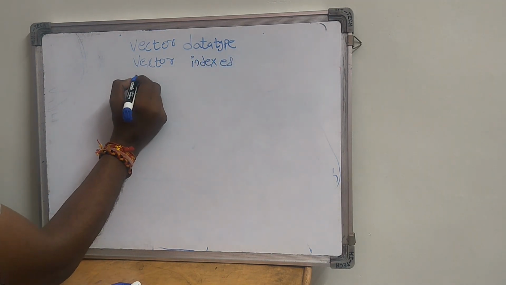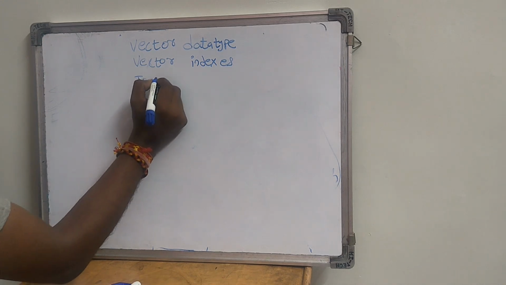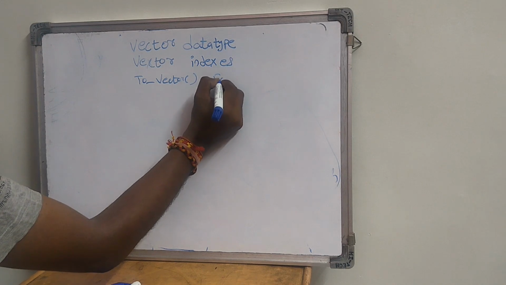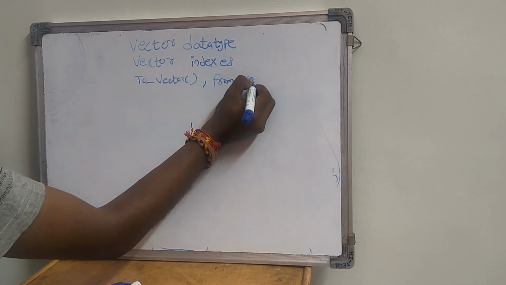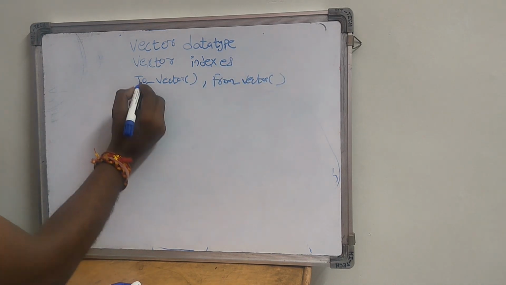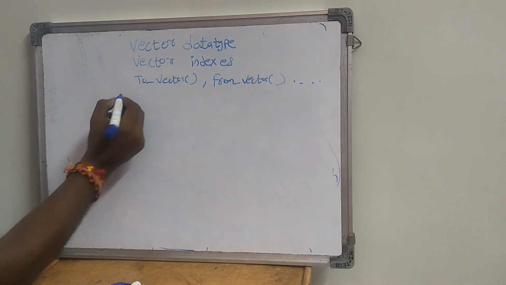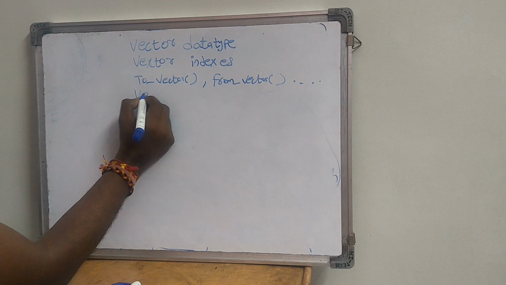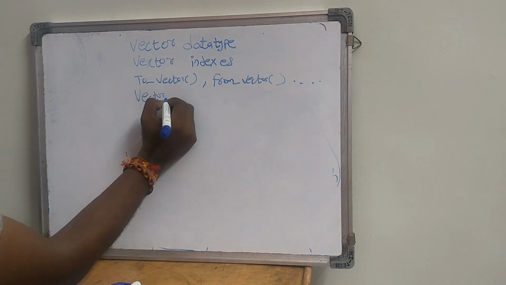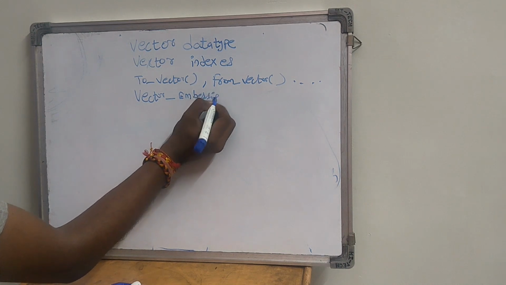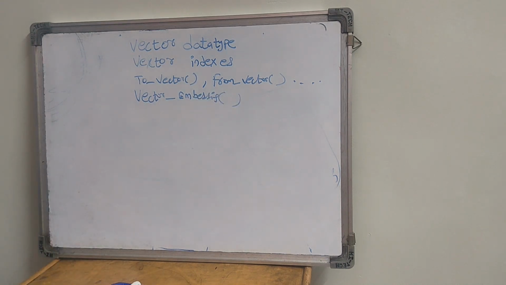It also introduced a few vector functions like to_vector, from_vector, and a lot of other functions, and embedding models like vector_embedding. So there are a lot of functions it introduced to achieve this.